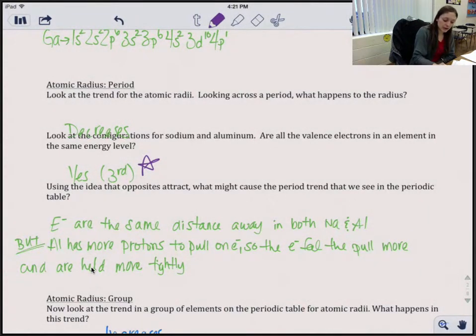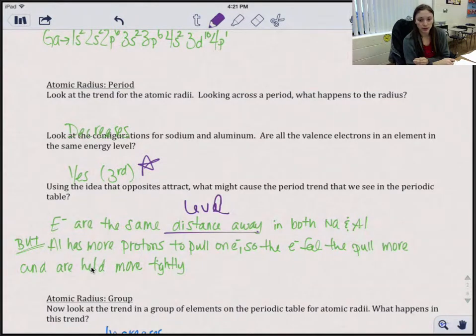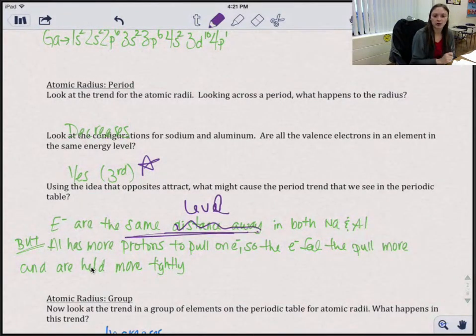Same distance meaning level, I should be careful. They're on the same energy level. But aluminum has more protons to pull on it, so the electrons feel the pull more and actually get pulled in tighter. So be careful with my same distance away there. I really should have put same level. Sorry, so we'll just put they're on the same level.